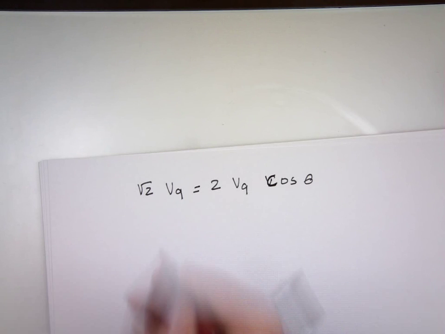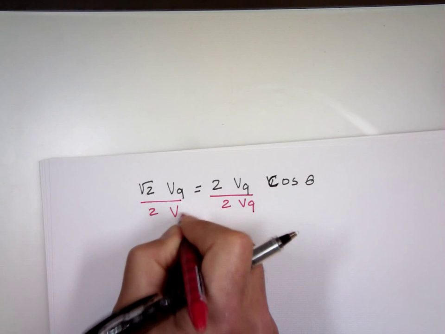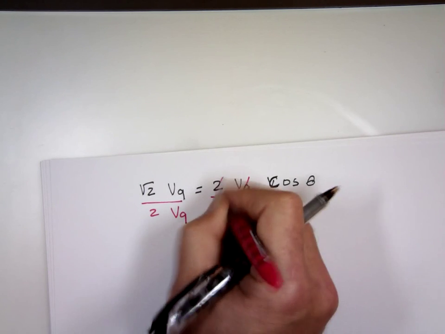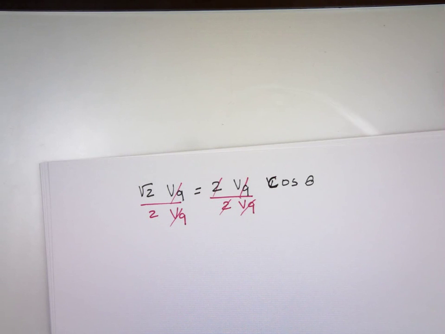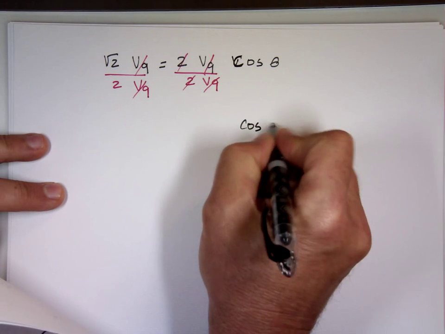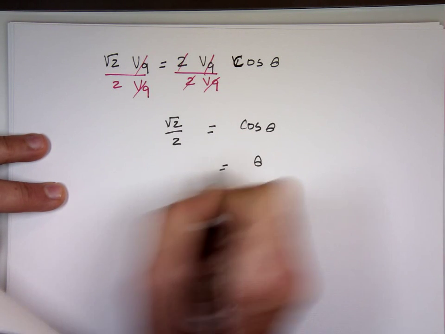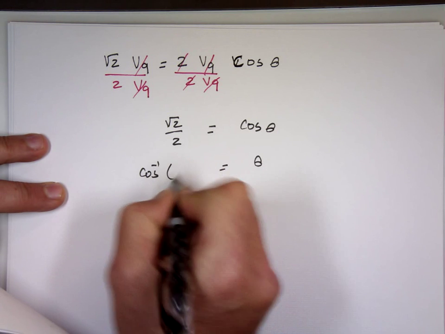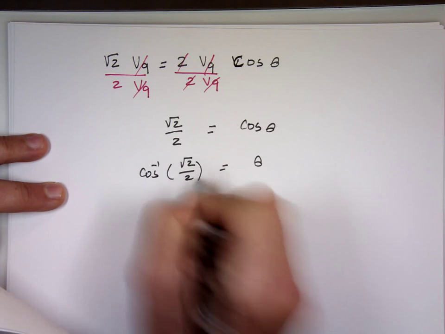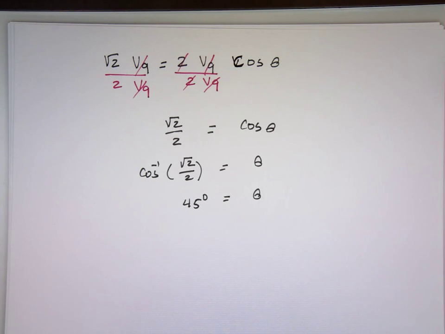Let's divide by 2V9. Cosine theta equals the square root of 2 over 2. Theta is the inverse cosine of the square root of 2 over 2, and theta will be 45 degrees. That was a tough one, mathematically.